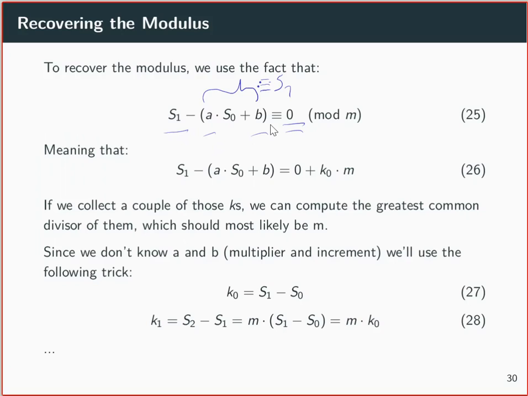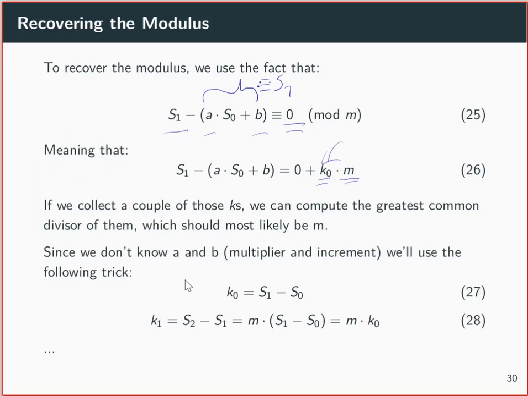This means, as we've seen in the modular arithmetic video, that these 2 numbers differ by a multiple of the modulus. The multiple here is K0. So the idea is to collect enough of those multiples of the modulus, and then we can use the greatest common divisor of our collection to find the modulus.